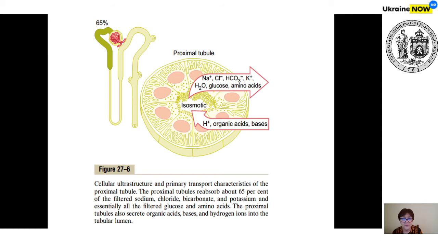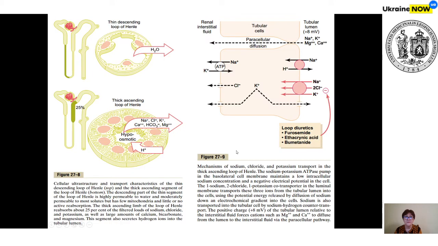On the next slides, you can see different parts of the nephron and which substances are reabsorbed and which are secreted in each region. This one is the proximal tubule. The loop of Henle has a thin descending part and a thick ascending part, and many substances, mainly electrolytes and bicarbonate, are reabsorbed in this region, and hydrogen ions are secreted.